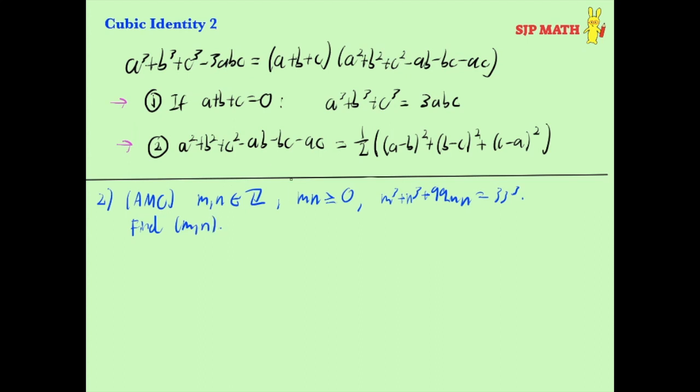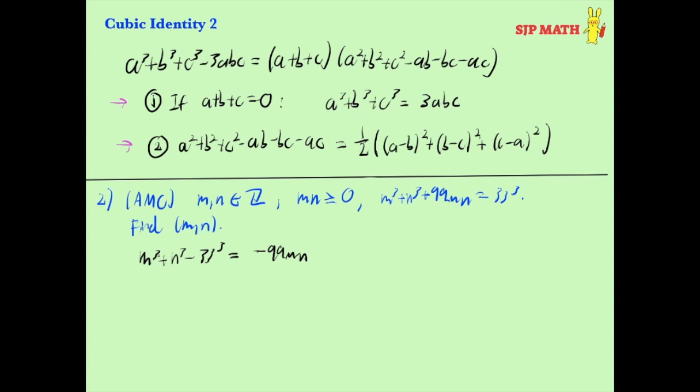Okay, so let's first rearrange this equation, because it looks like the sum of cubes and 3 times the product of 3 numbers. So if we just rearrange this first, we instantly see, okay, that's a 33, that this is exactly in the form of this.